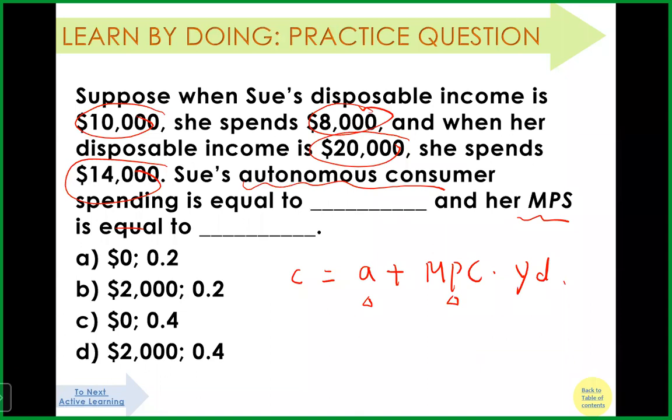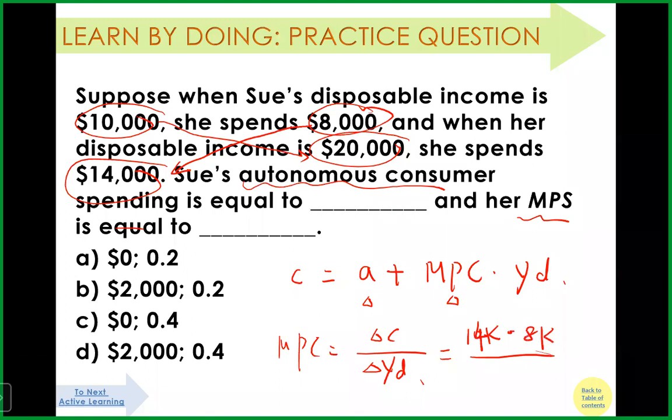First, let's look at what MPC is. What information do we have? Consumption increased from 8,000 to 14,000 when income increased from 10,000 to 20,000. We just plug in here, right? So 14K minus 8K divided by 20K minus 10K.